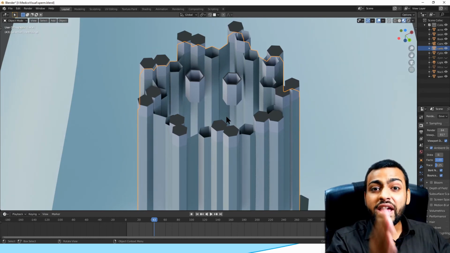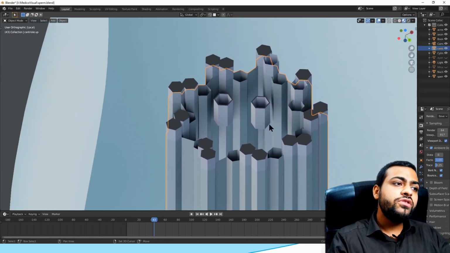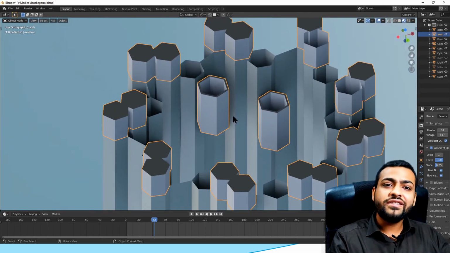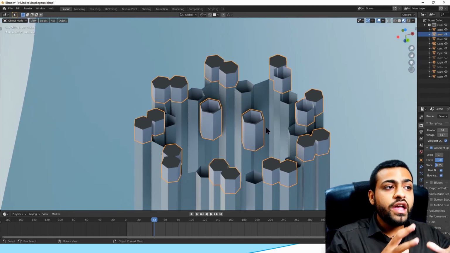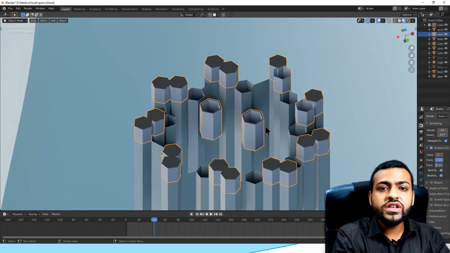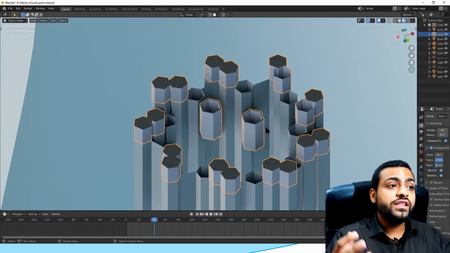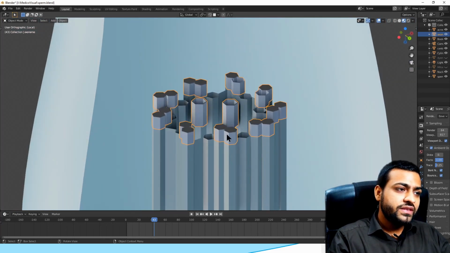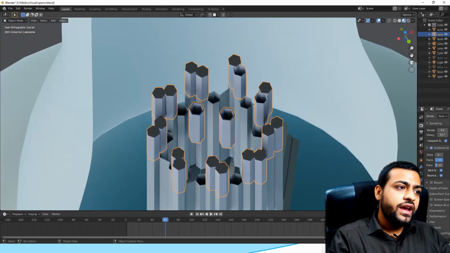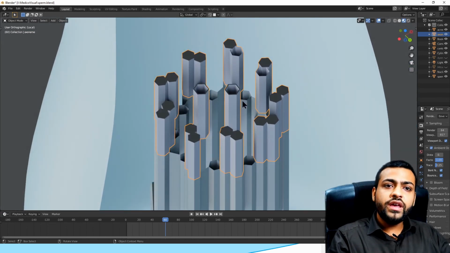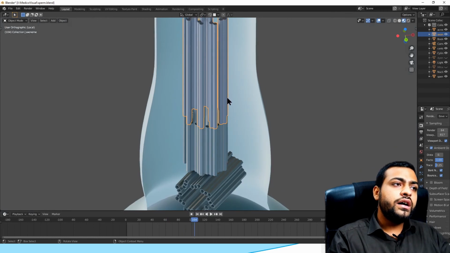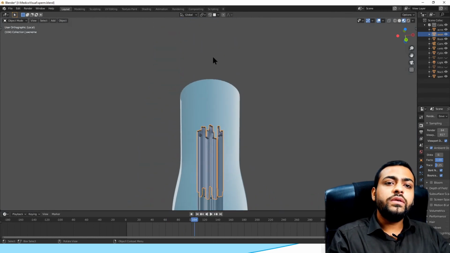We have 9 pairs of microtubules, and we also have 2 central singlets, 2 central single microtubules. Don't worry, I will discuss their function very soon. They keep on elongating, and in the center we have singlets as well, and they keep on elongating until a complete tail is formed.